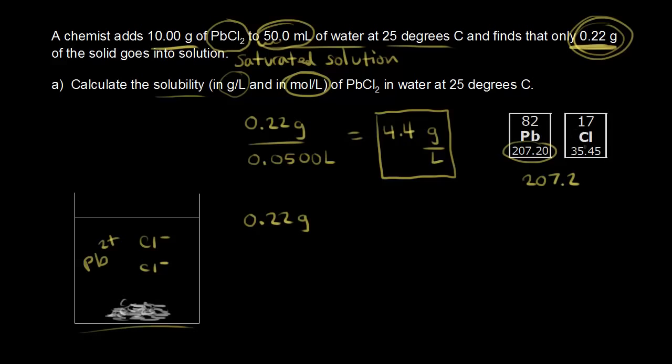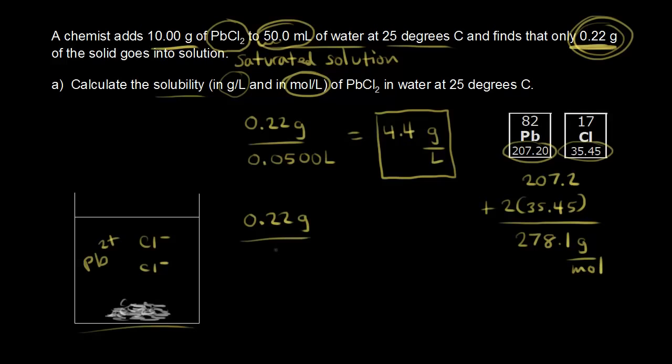To that, we'd have to add 2 times 35.45 because we have 2 chlorines, PbCl2. 2 times 35.45 is 70.9. If we add that to 207.2, we get 278.1 grams per mole. So that's the molar mass of PbCl2.